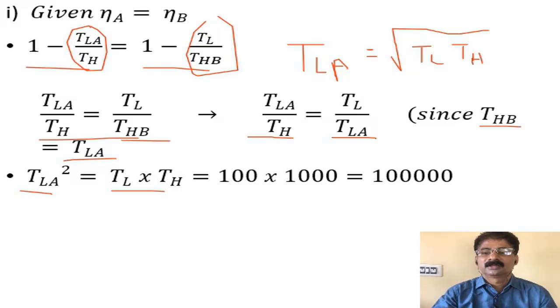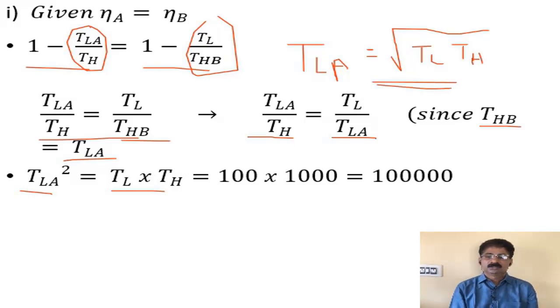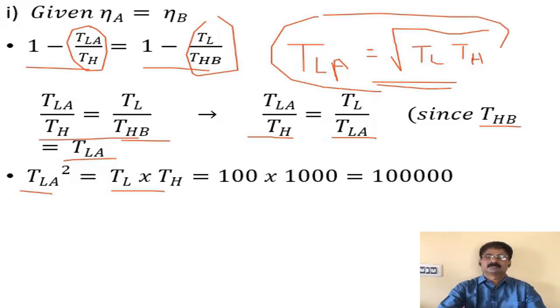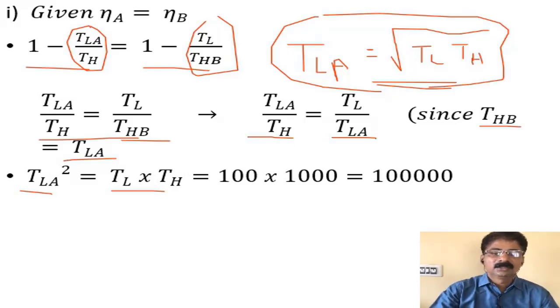Now this is called the geometric mean. Arithmetic mean is TH plus TL by 2, so geometric mean is square root of TL into TH. So intermediate temperature is the geometric mean of the source and the sink temperature. That is also something they can ask you to prove in the exam. It is not asked here, but I told you for your information, because you should know that also.